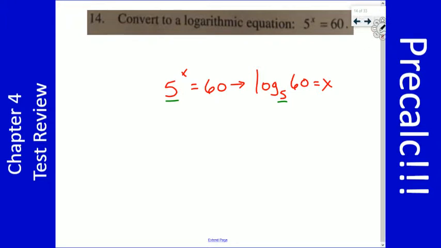This x goes on the other side of the equal sign, and the other side of the equal sign goes into the argument of the logarithm. Same pattern every single time, whether you're going from an exponential to a logarithm or a logarithm to an exponential. This would be your answer, rewriting it as a logarithmic equation. Again, it didn't ask us to solve, just to rewrite.